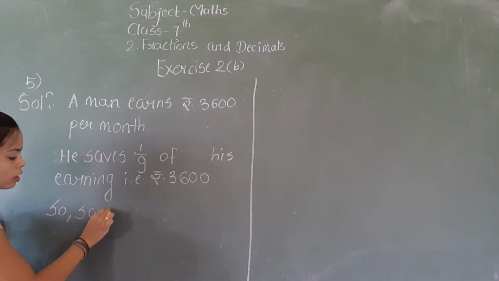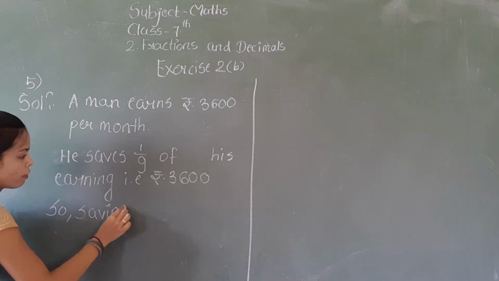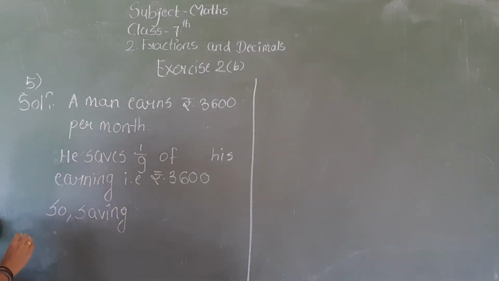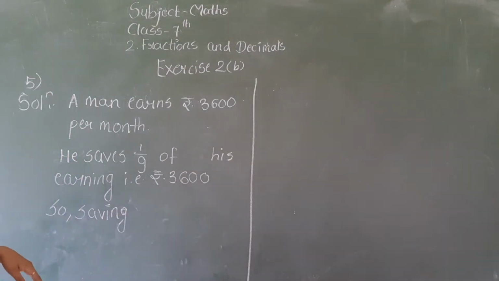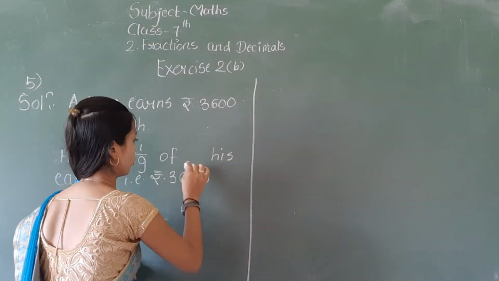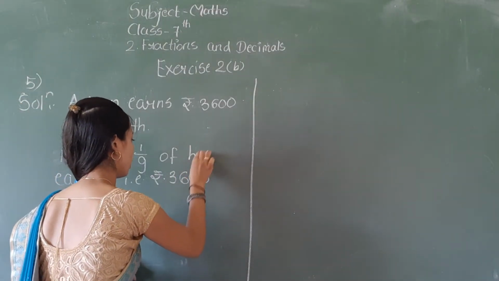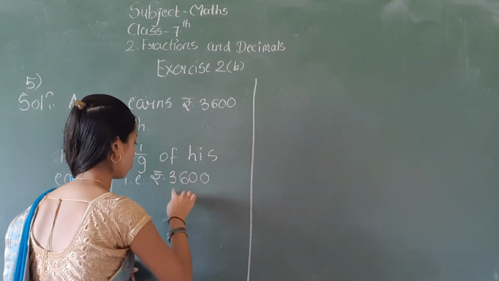So saving is equal to 1/9 of his earning, that is per month.